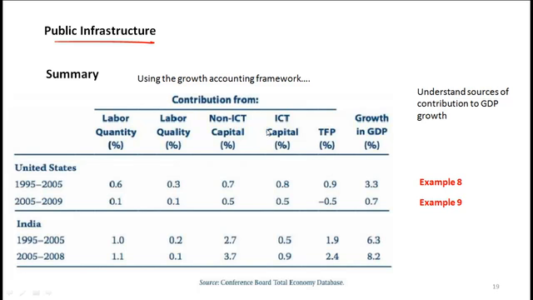Now take the case of Pakistan, where there is a huge energy crisis, a huge shortage of electricity, and because of that several industries are suffering. If the government can solve the power problem and set up more electric grids, that will have a huge impact across most industries. So proper investment in public infrastructure is essential for the growth of an economy.